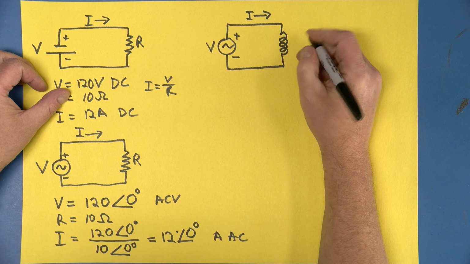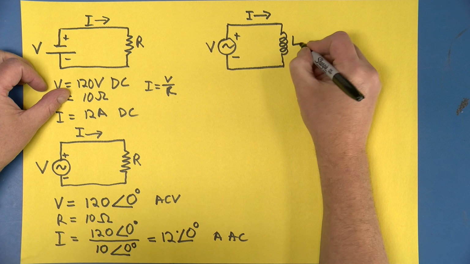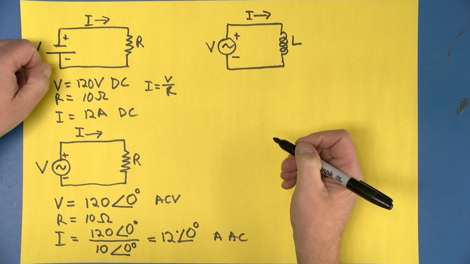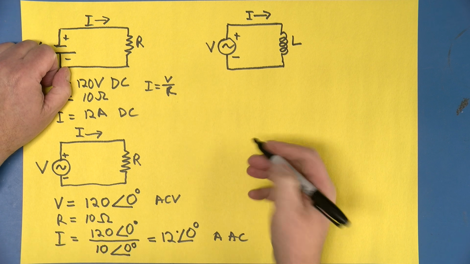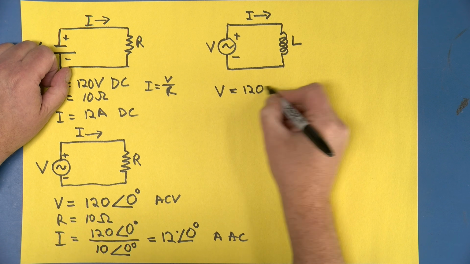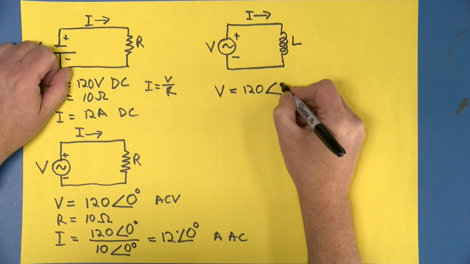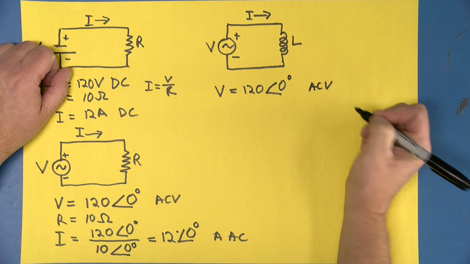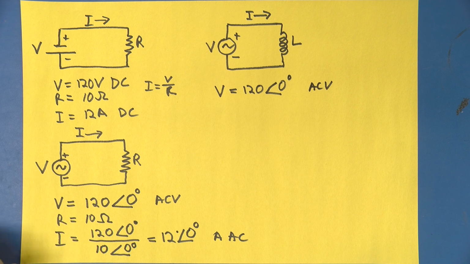And we'll call that inductor L. That's what we usually name inductors for some reason. And once again, just like down here, we'll say the voltage is 120 volts at an angle of 0 degrees. AC volts, just to remind ourselves.